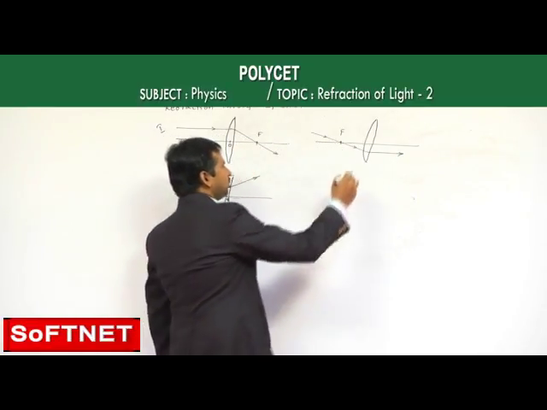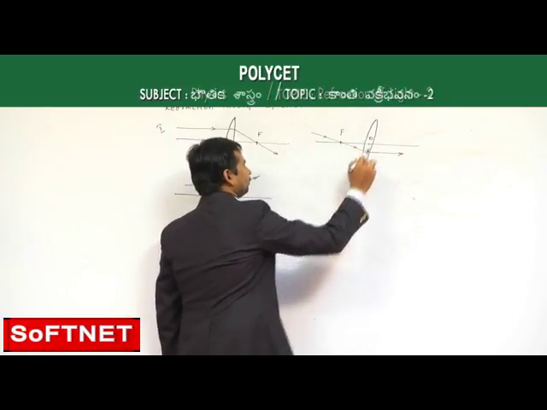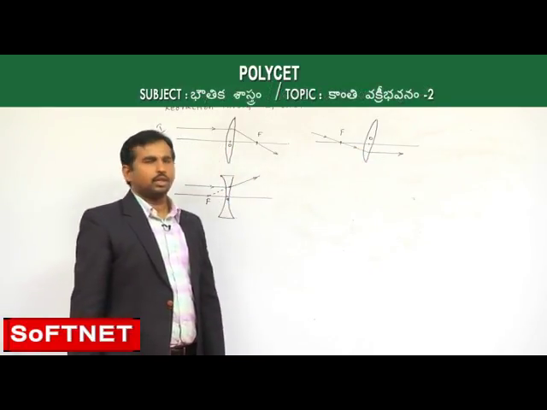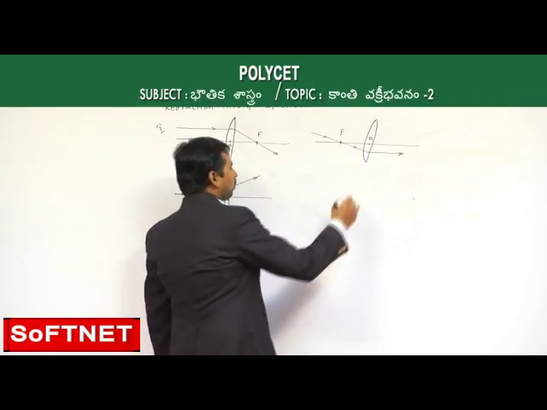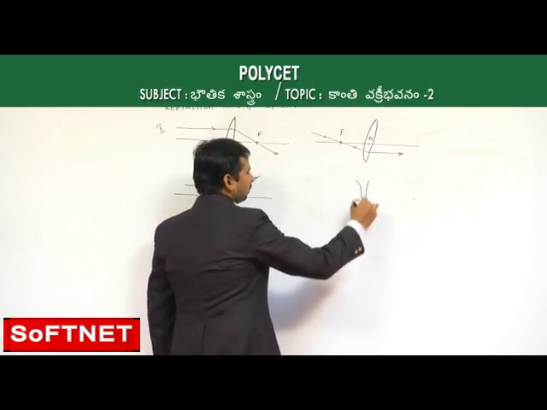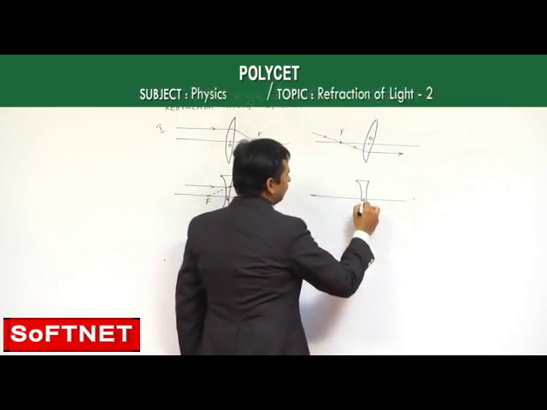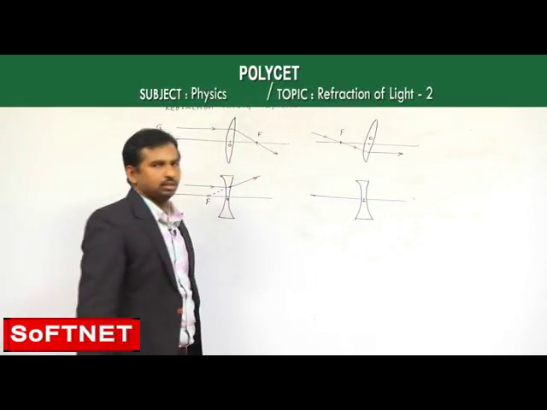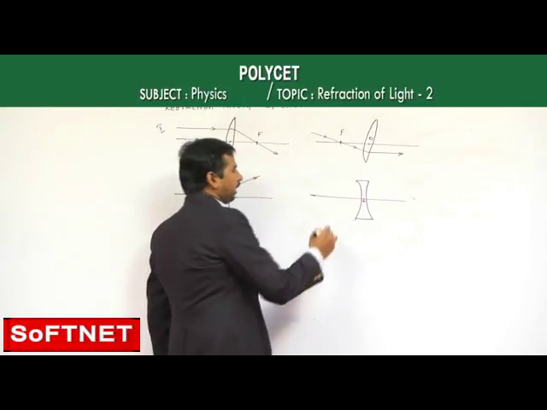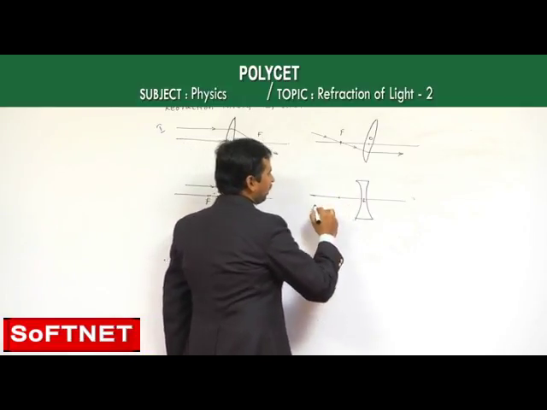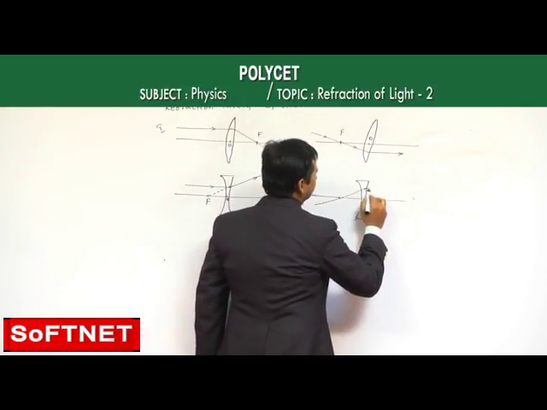This is the optic center again. And if you take a double concave lens like this, then after refraction the light ray again passes parallel to the principal axis.